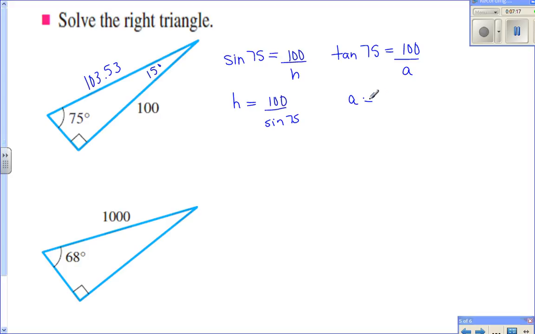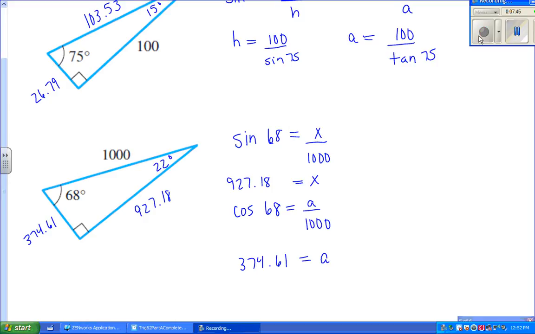So the adjacent is going to equal 100 divided by tangent of 75. So when you put that into your calculator, you end up with 26.79. Now you go ahead and work on the next one, and I'll come back with the solutions.